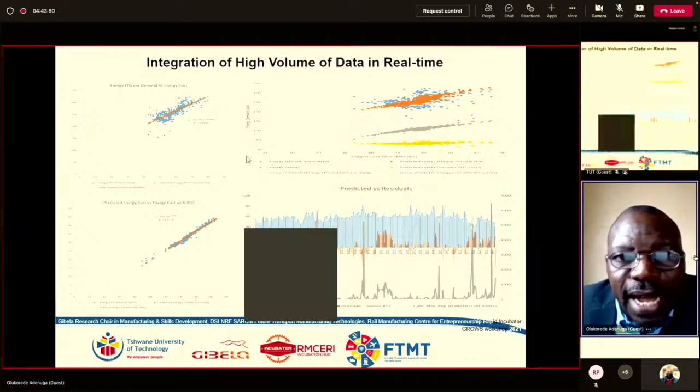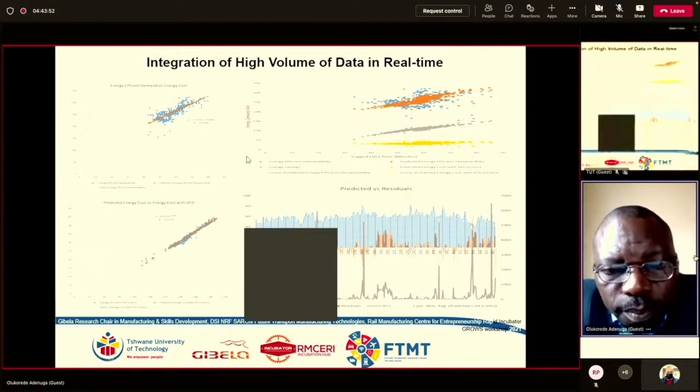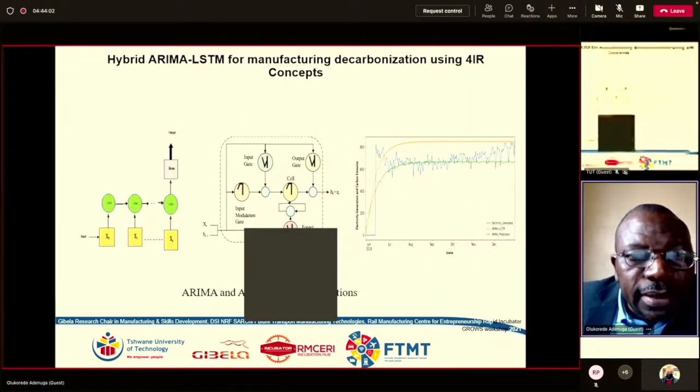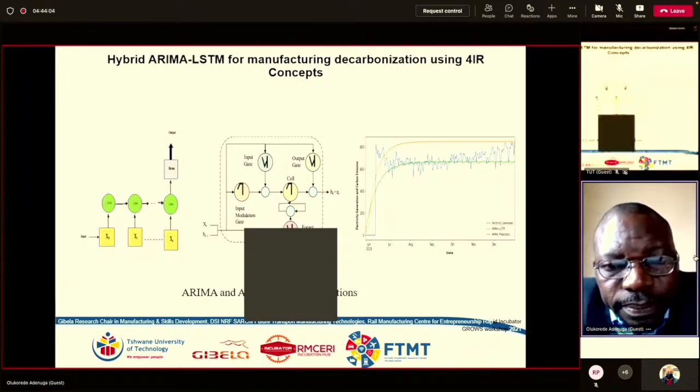And these are some of the analytical data that were gotten from the predicted values and residuals from those studies. Then we bring in students who presented at the colloquium this morning. A PhD student is working around a hybrid ARIMA-LSTM.